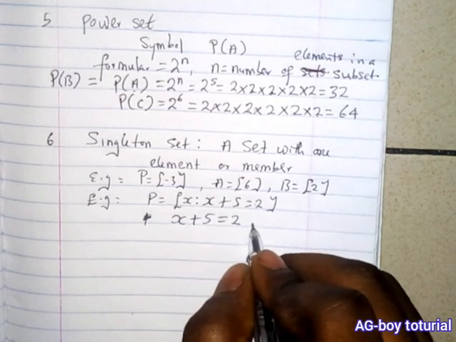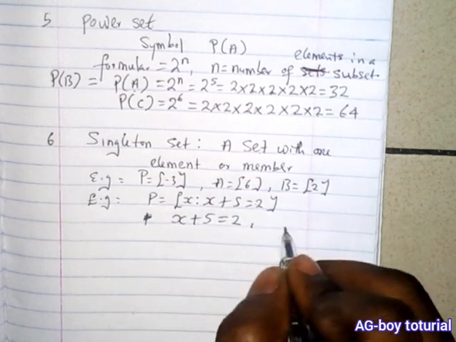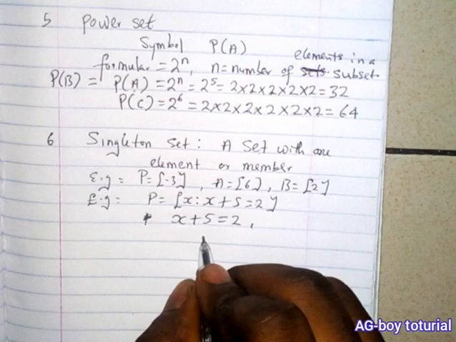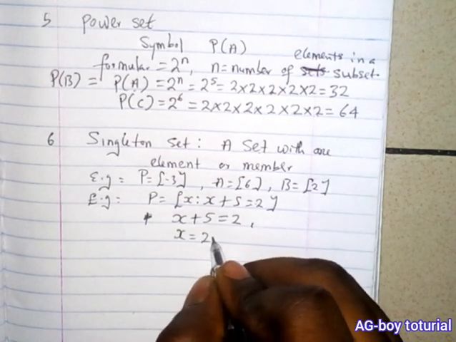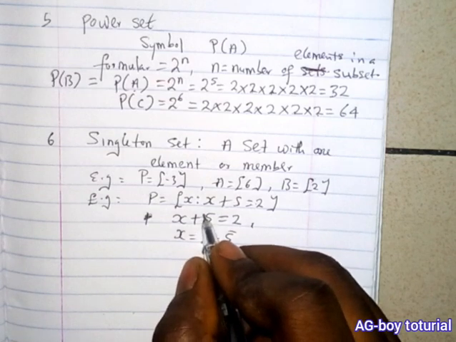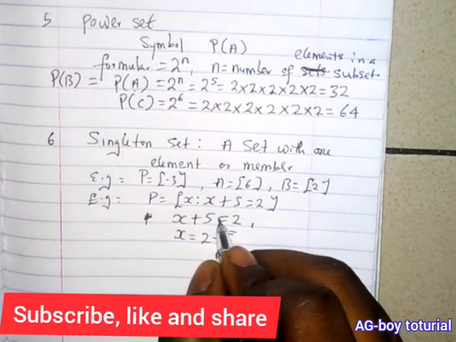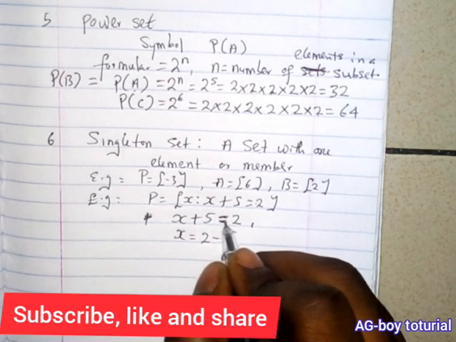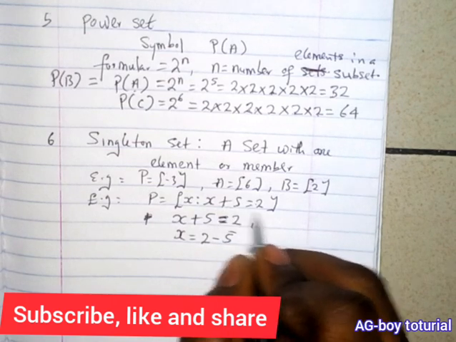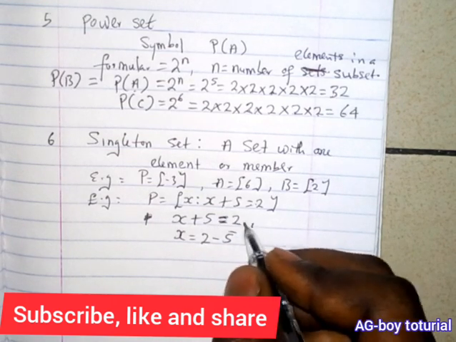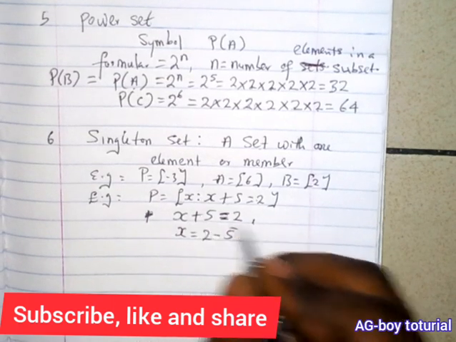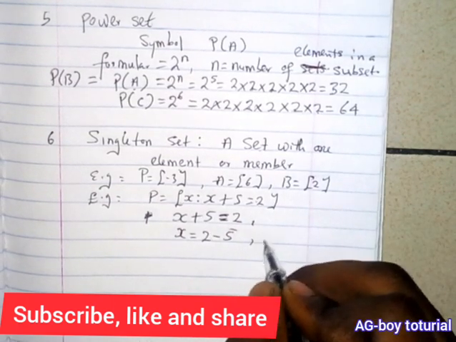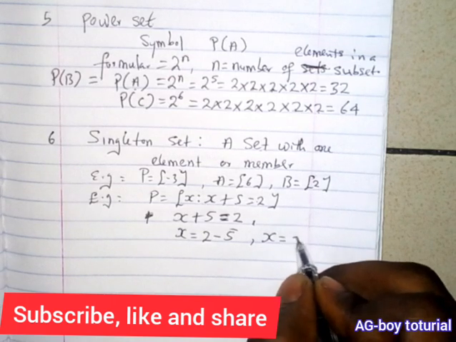To make x the subject of the formula, our x will be equal to 2 minus 5, because the 5 has to cross over to the other side to meet the 2, and then it turns to a negative sign because it's positive. Now our x is going to be equal to minus 3.